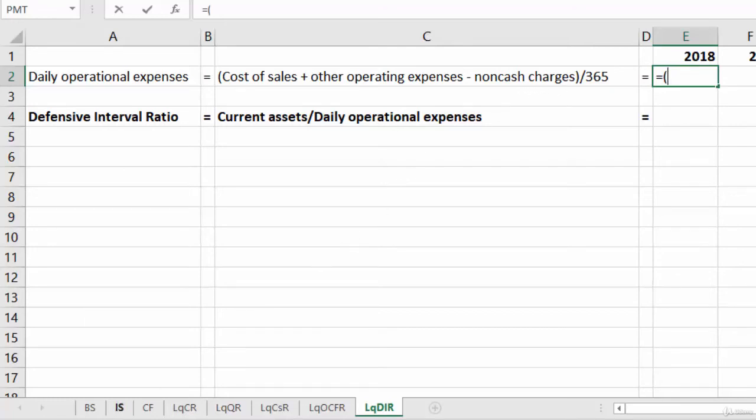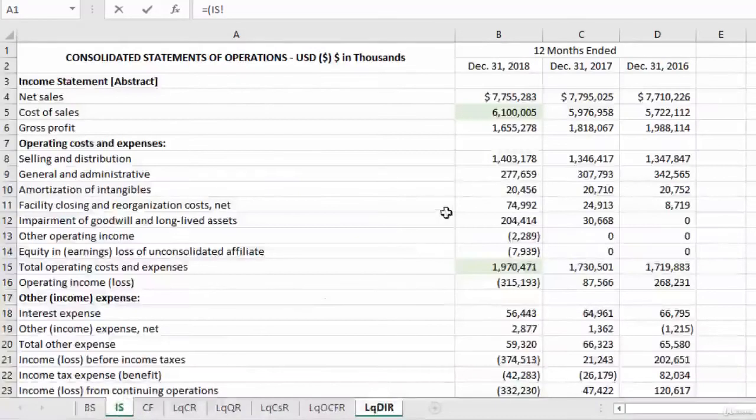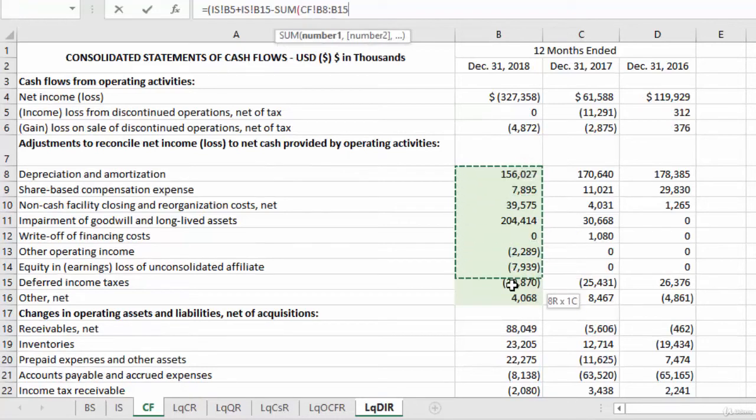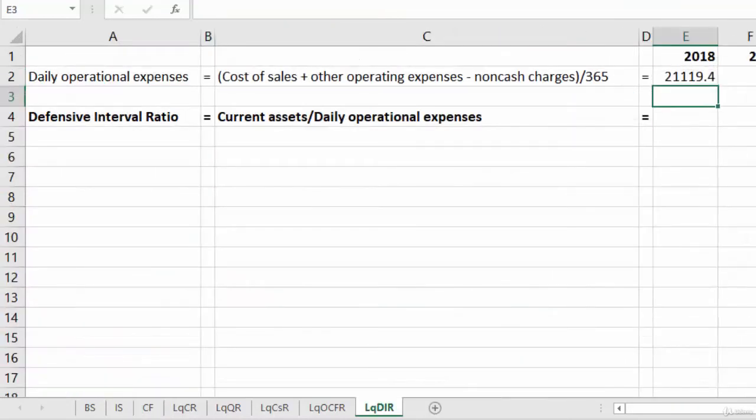Bracket starts, then IS for cost of sales, plus the total operating expenses, minus sum all the non-cash charges from the cash flow statement, then bracket close and another bracket close, divided by the number of days in a year, return. So we have got the daily operational expenses. Actually, it is an average figure.